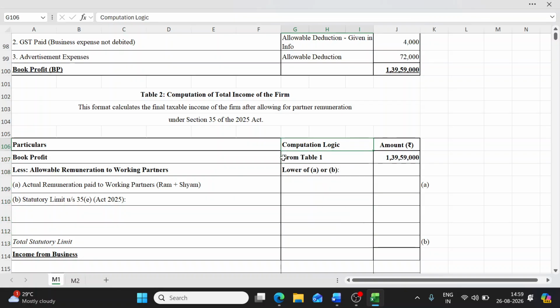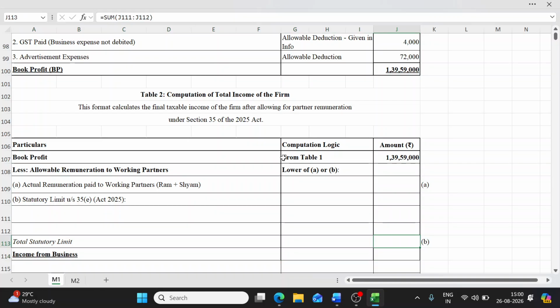Now from this book profit, we will deduct allowable remuneration to working partner. And after deducting allowable remuneration to working partner from the figure of book profit, you will get the figure of income from partnership business.